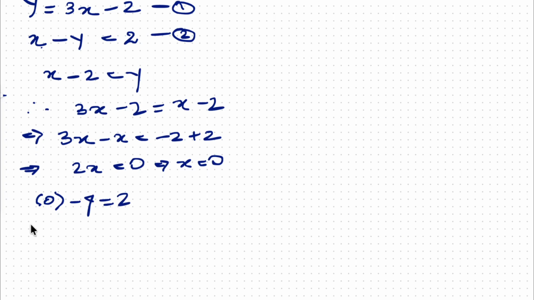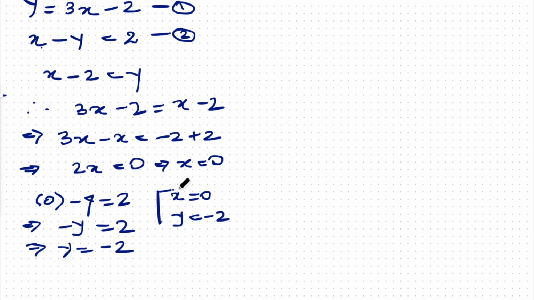And so this gives me minus y equals 2, and therefore y equals negative 2. Now, this is my solution, right? x equals 0, y equals negative 2. And I can verify this by substituting these values in equation 1 just to confirm that what I did is okay.